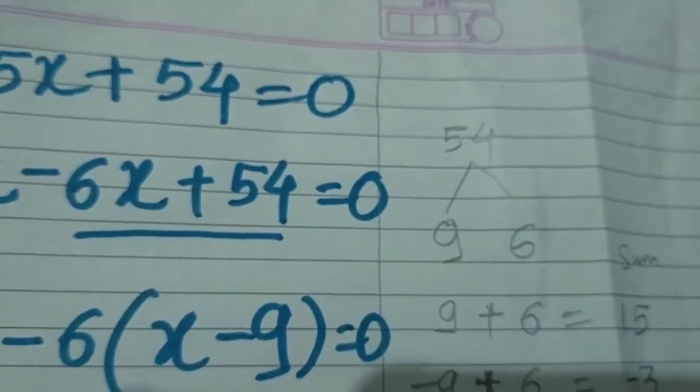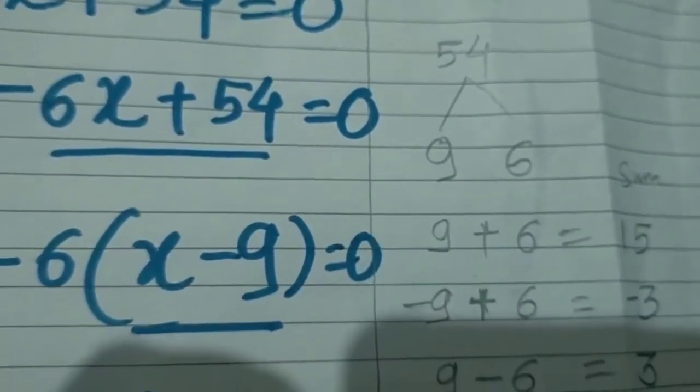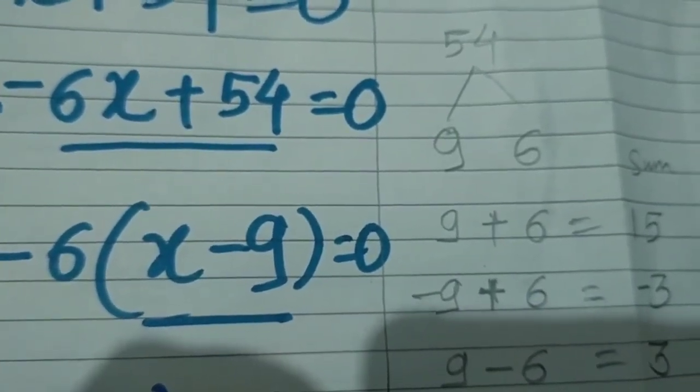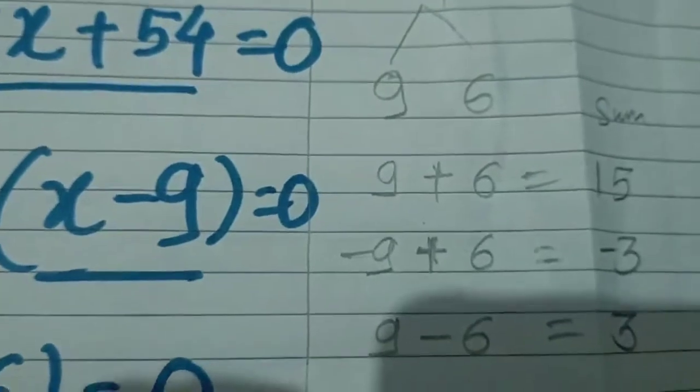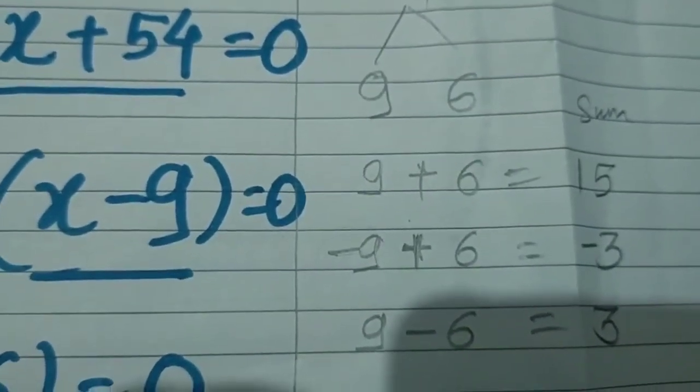Second, when we give a negative sign to 9 and positive to 6, we get minus 3 here. But we want minus 15.